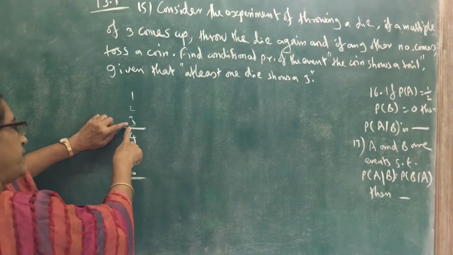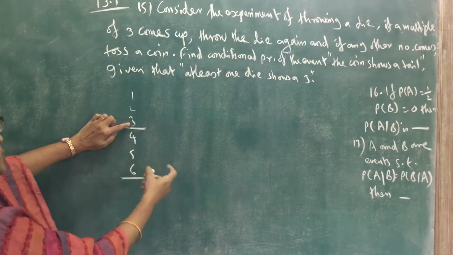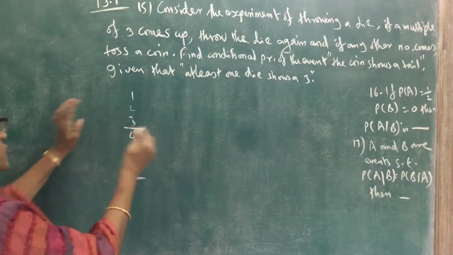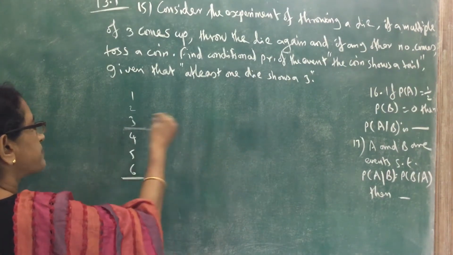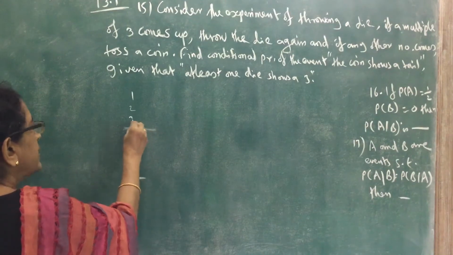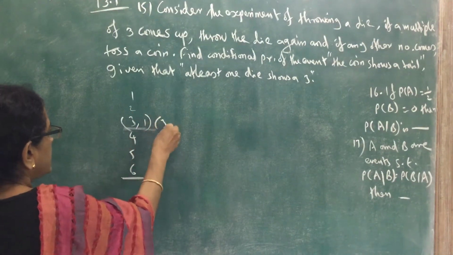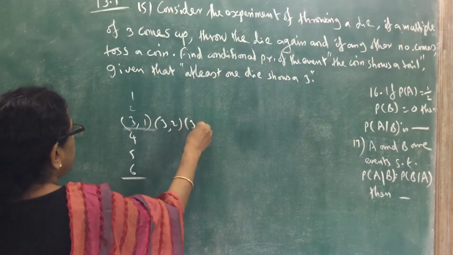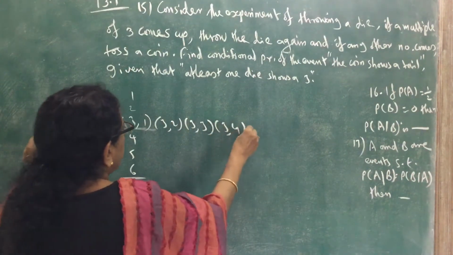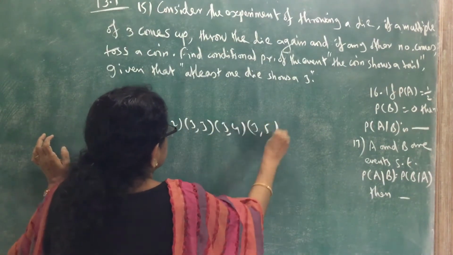When you get 3 in the first throw, you throw the die again, so the possible outcomes are 3,1; 3,2; 3,3; 3,4; 3,5; 3,6.